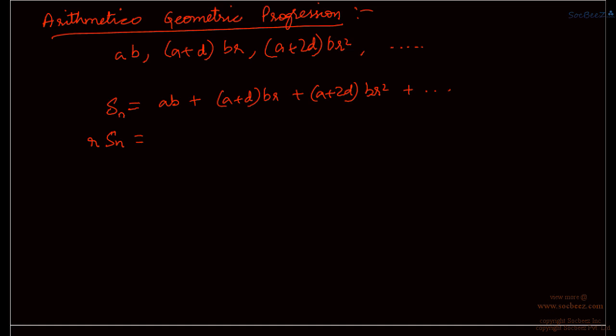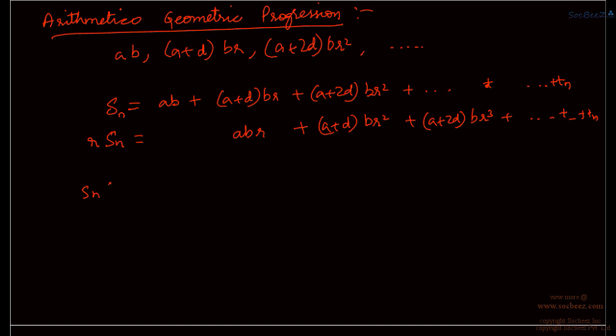And now I shift all of them. While writing this, I shift all of them one place over, so I write this as abr, (a+d)br², similarly (a+2d)br³. Now note that if there was a term Tn here, I'll have Tn in the next place, with Tn-1 here.